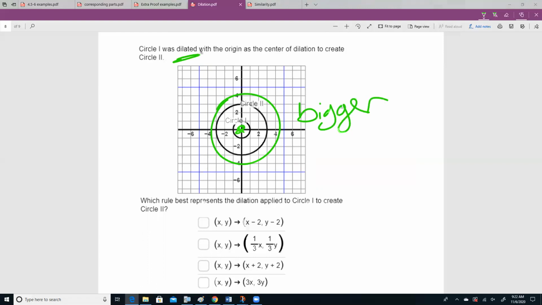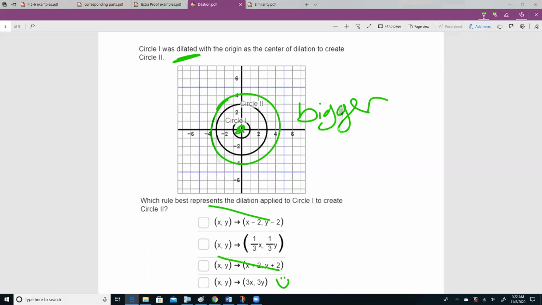And it was dilated. Remember, dilation means we're multiplying by something, so we're not subtracting and we're not adding. Now we need to look at these two options we have left. If we multiply by 1/3, would we get bigger? Probably not. If we multiply by 3, would we get bigger? Yeah, that's probably our answer.